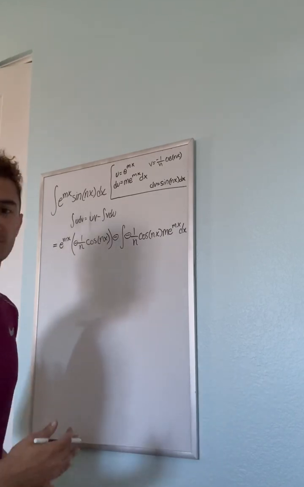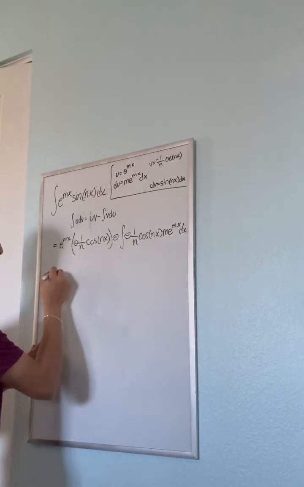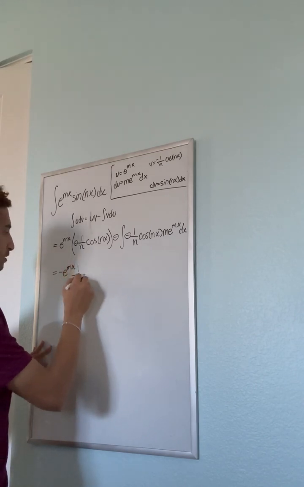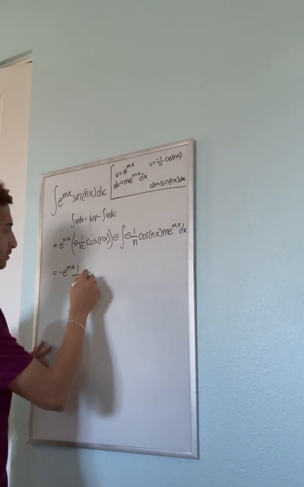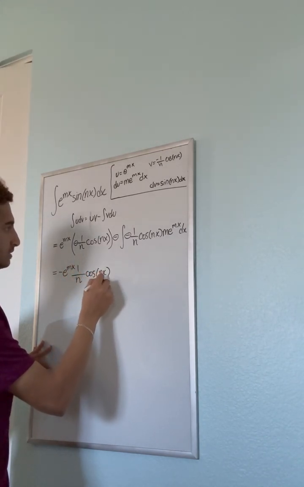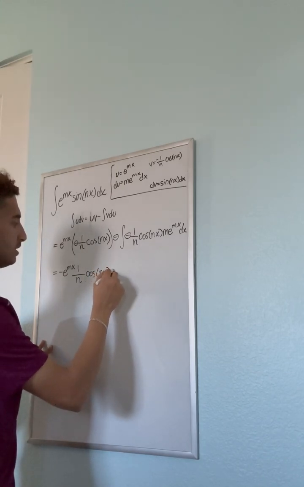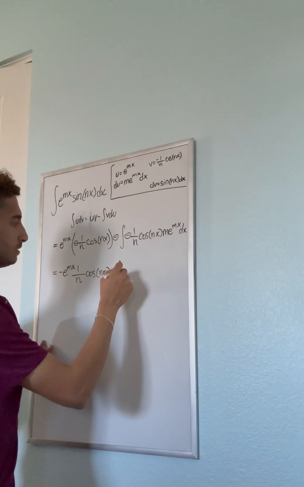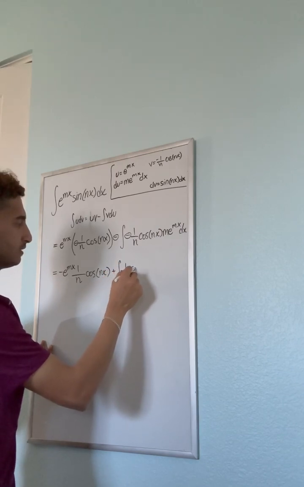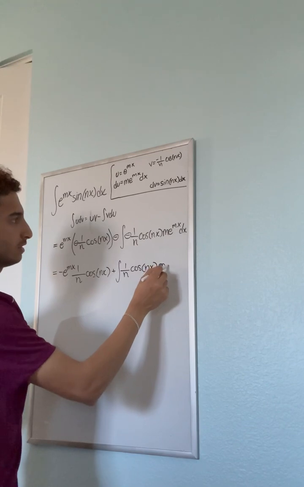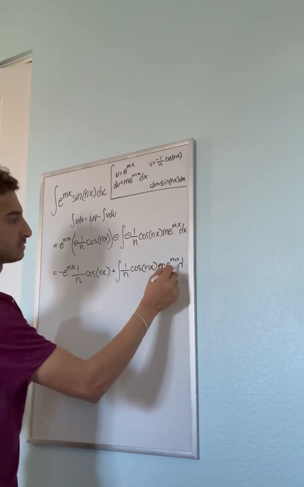So I'm just going to simplify all of that to be just e to the power of mx times 1/n cosine of nx plus 1/n cosine nx times m e^(mx) dx.